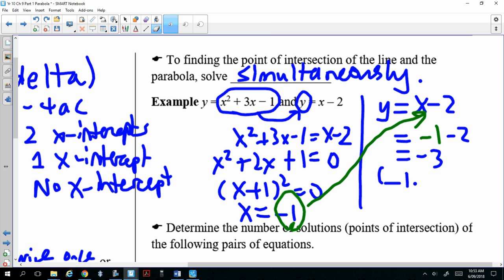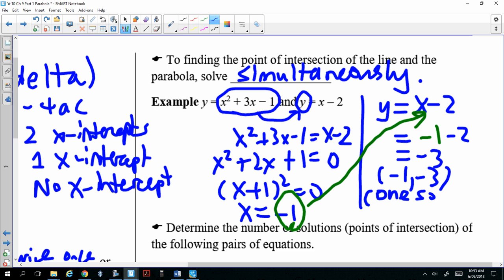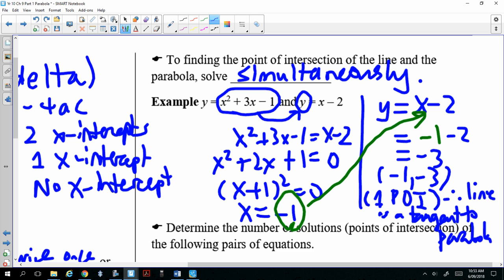Because it has one solution, one point of intersection, therefore the line is a tangent to the parabola. Okay, done. If it crosses at 2 points, it is a secant to the parabola.